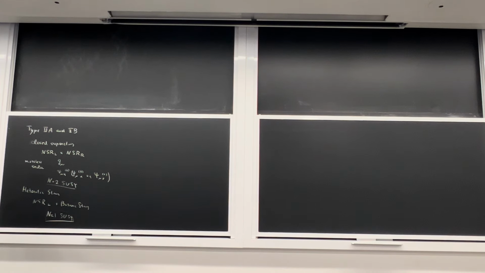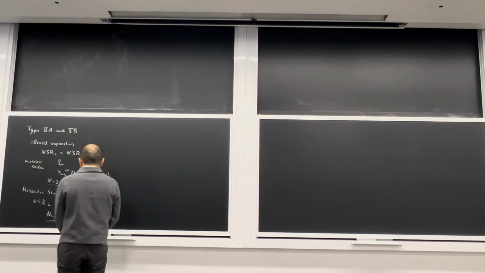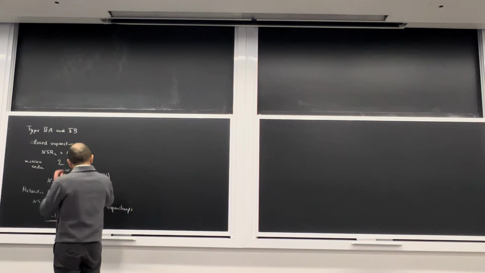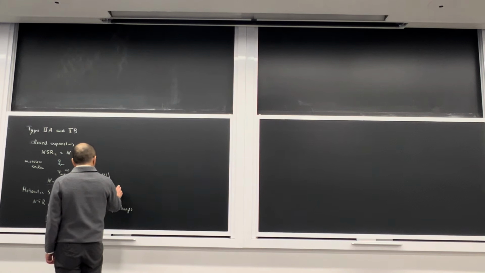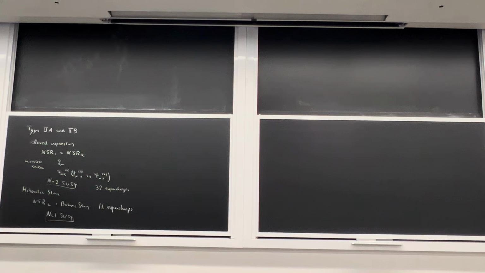So I think it's better to count the number of real supercharges or Hermitian supercharges. If you count the number of Hermitian supercharges, this has 16 supercharges, whereas this has 32 supercharges. So this would be the proper way to count the number of supersymmetry.